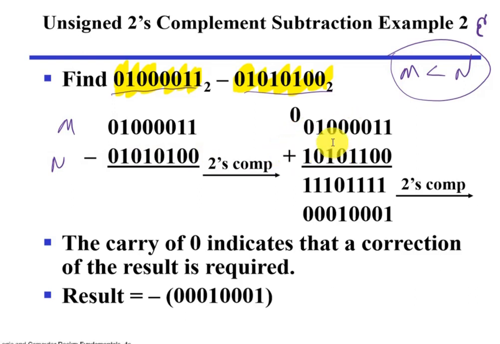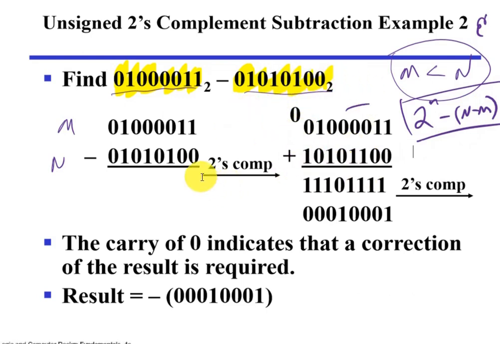So if we add this m to the 2's complement of n, we see that the sum doesn't produce an n carry, it is 0. Since the sum is equal to 2 to the n minus (n minus m), this is the 2's complement of n minus m. In this case, we need to perform a correction.